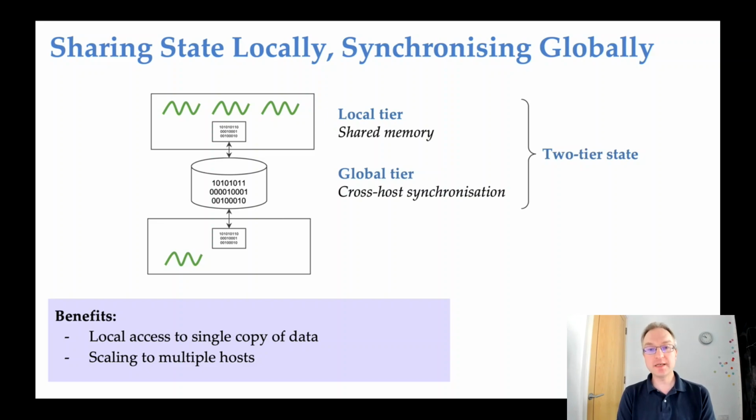So our idea for using WebAssembly to take existing legacy code and port it to serverless is by sharing state in a way that combines a local tier, where we share state between functions that execute on the same worker, with a global tier that then synchronizes that state across different workers.